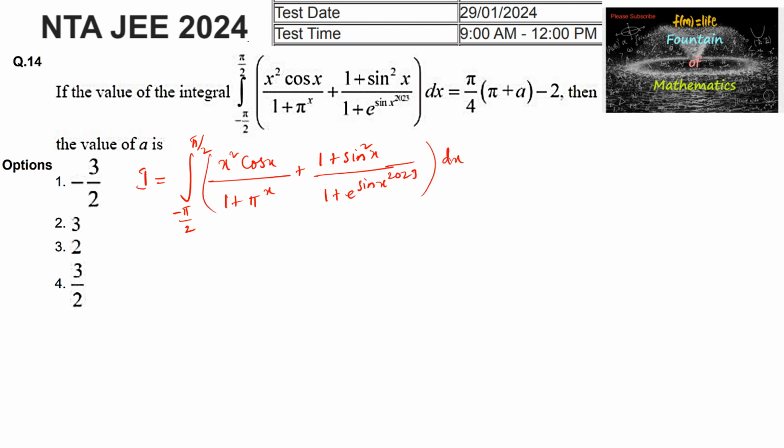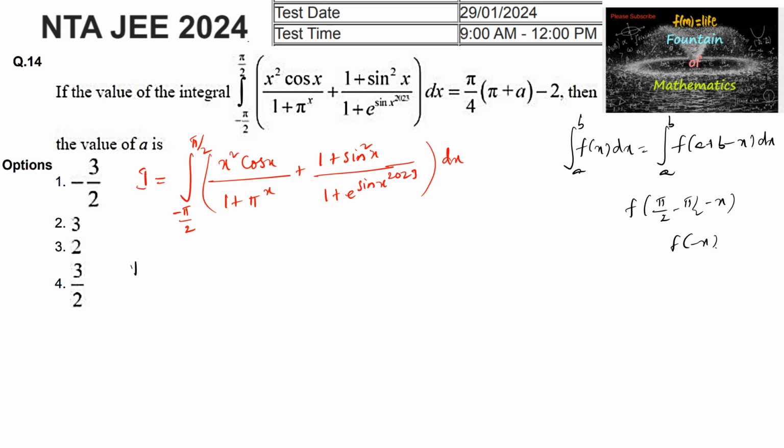And let us apply the property integral a to b f of x dx is equal to integral a to b f of a plus b minus x dx. So here minus pi by 2 to plus pi by 2, so we will be getting f of pi by 2 minus pi by 2 minus x, that is f of negative x.